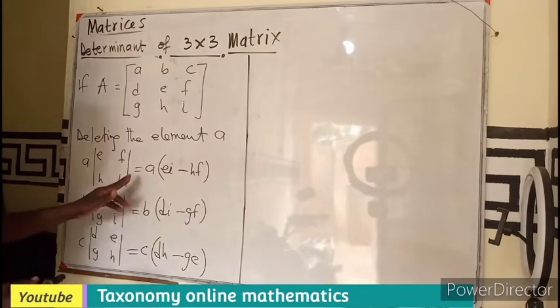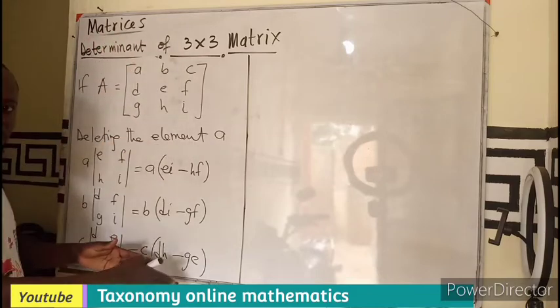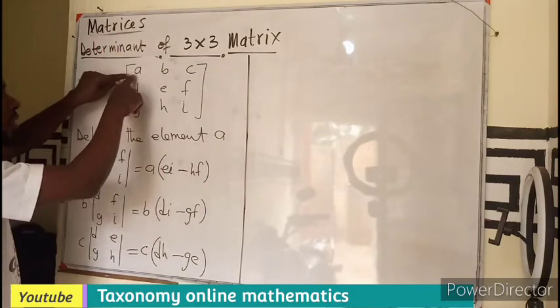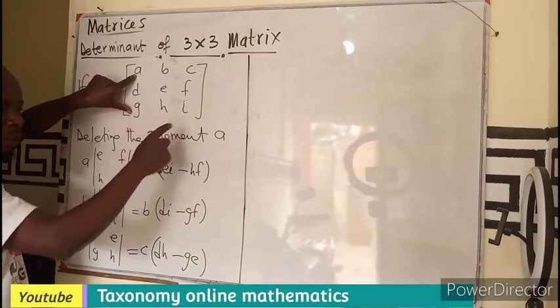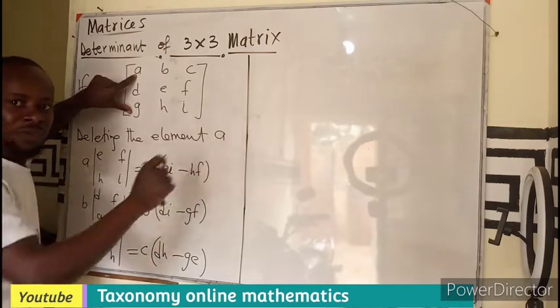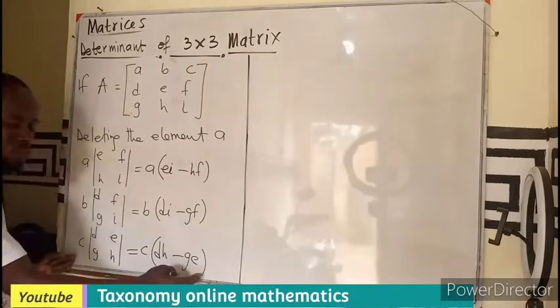So what I have done for the column, I can do the same thing for the row, meaning taking this 2, 3. You see that I'll be having 6 different determinants together.